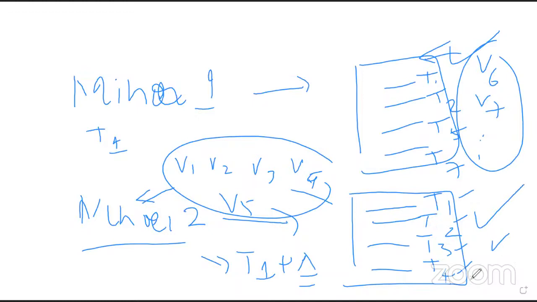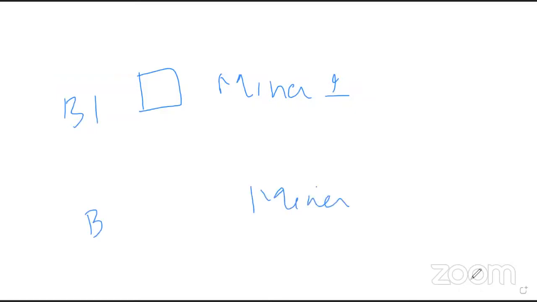So when the block is created, there are 2 claimants: miner 1, who has created block 1, and another, miner 2, who has created block 2. So which block is to be added to the network?